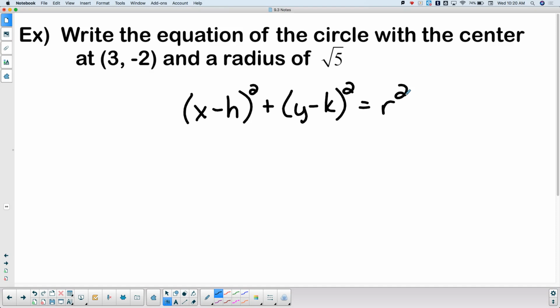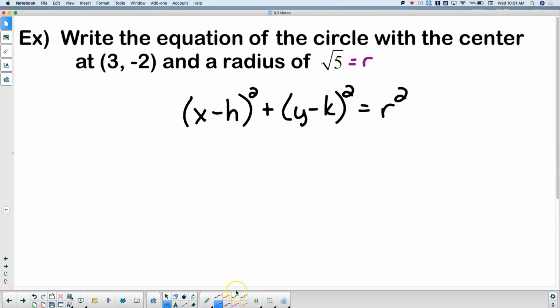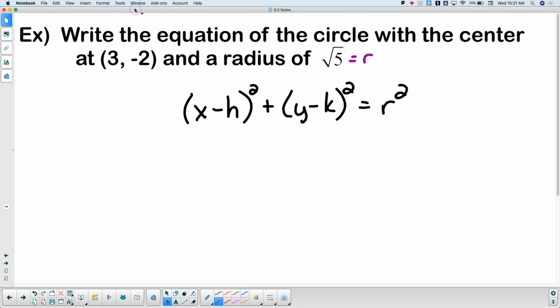Mad Dog, do I know anything in that equation? What do I know? What's the radius? What else do I know? What's h? What's k? Love it.